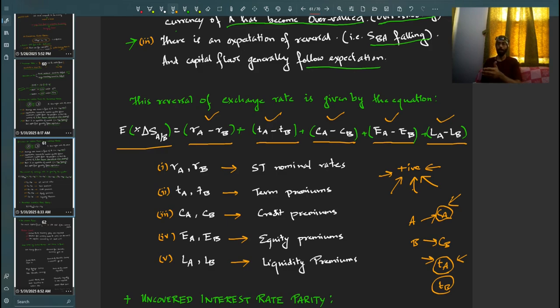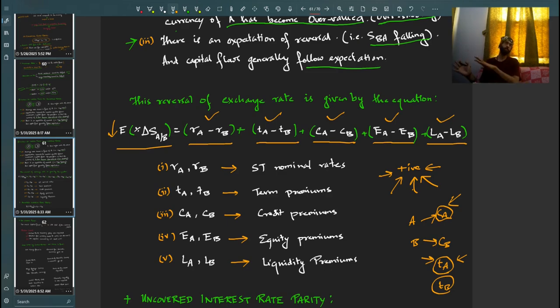We have to take out capital, and as a result, although the assets under currency A are offering higher premiums and returns, the exchange rate adjusts for this added risk or for this saturation of opportunities. This is given by this expression: whatever differential you are offering through higher premiums gets adjusted by downward movement of the exchange rates.